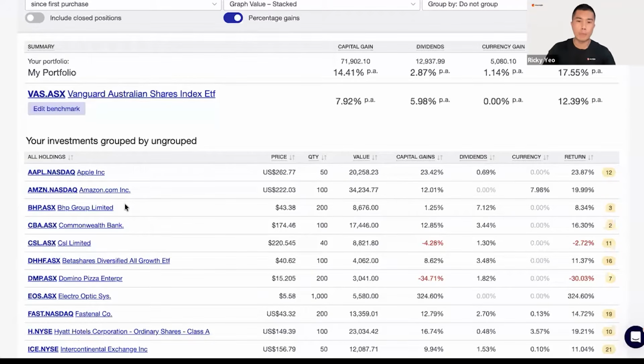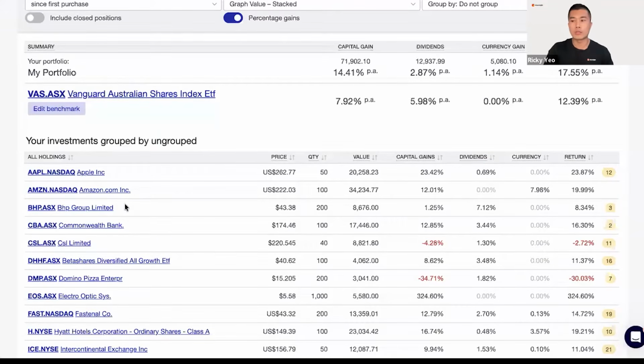We have some help pages on corporate actions, but if you're not too sure what you need to do, send us a chat or an email to support. We're more than happy to help you out. If you have corporate actions like a share purchase plan, you have to add those buys into Sharesight.